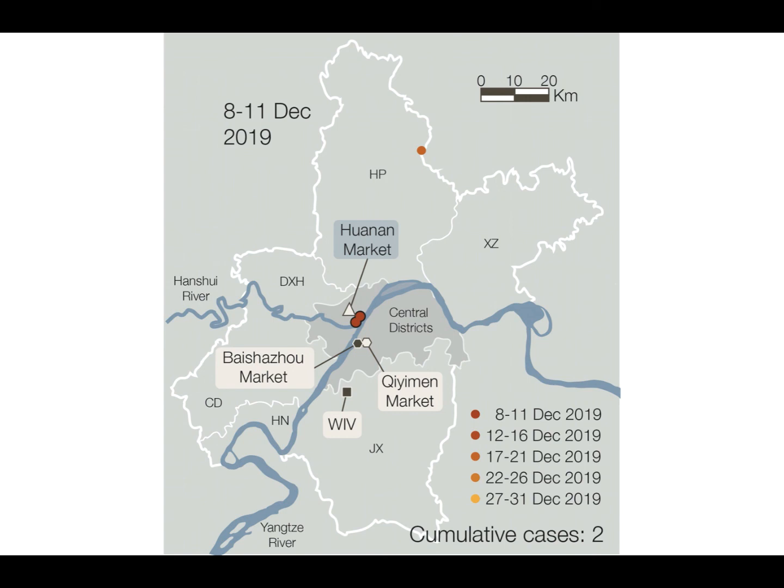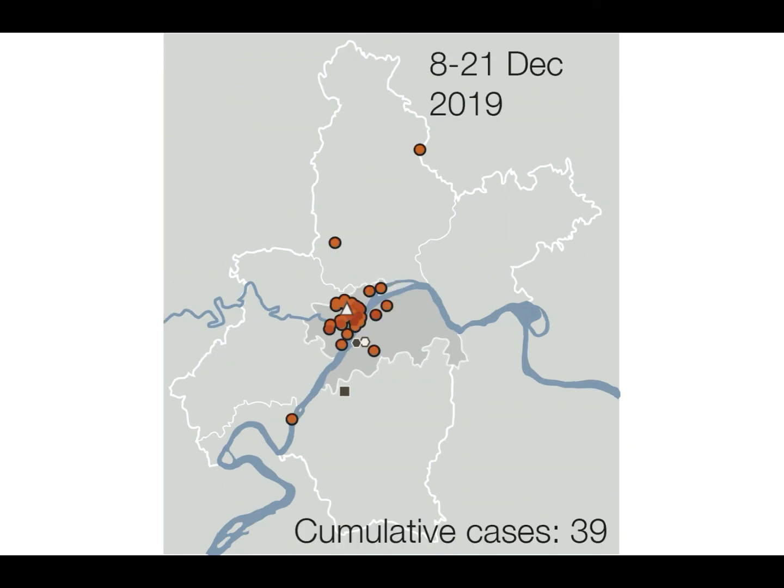And so the original source appears to be a fish market, the Huanan market, and not one of the other two markets that was suggested earlier. And this WIV is that viral institute. So it's far away from what appears to be the initial focus of the virus spread. And this was happening in December of 2019.